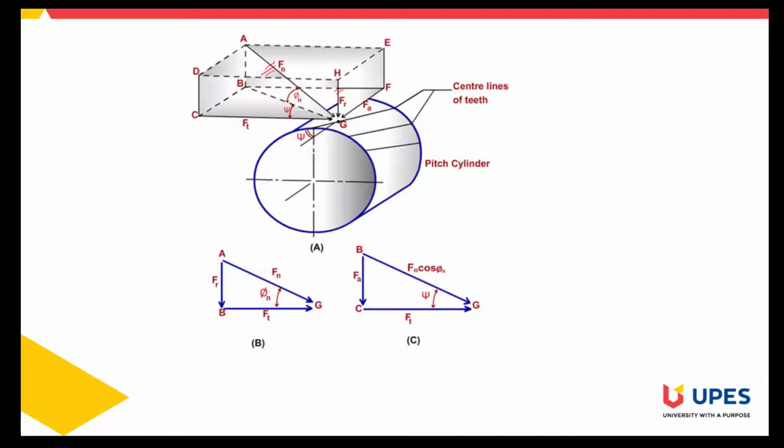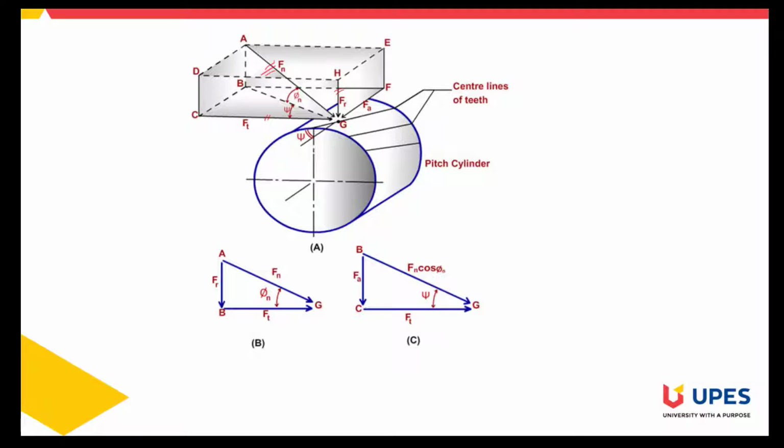And if we take the other component of this Fn in the tangential direction, this component is known as the tangential force, which gives the torque to the gear, and because of that the gear is rotating.